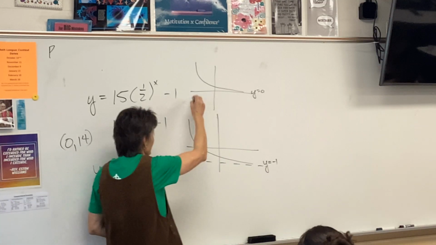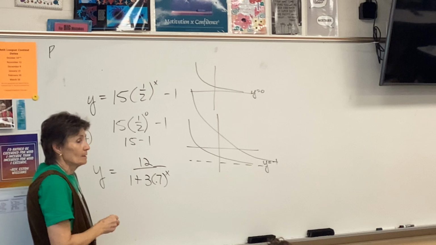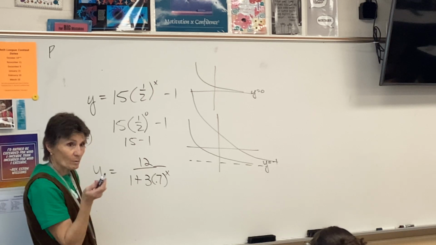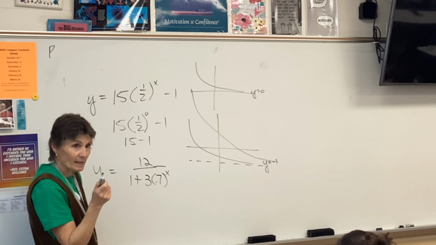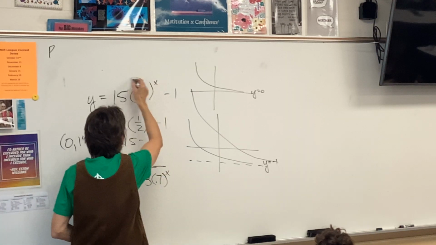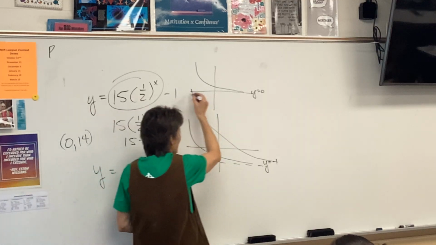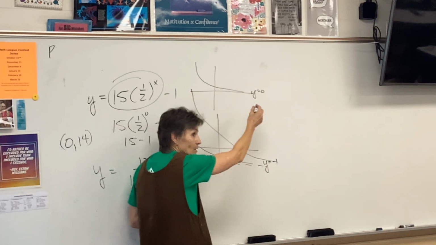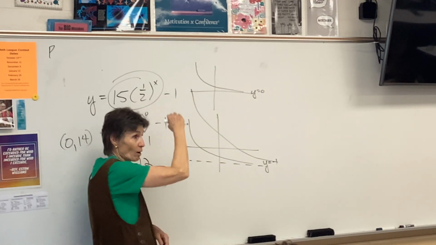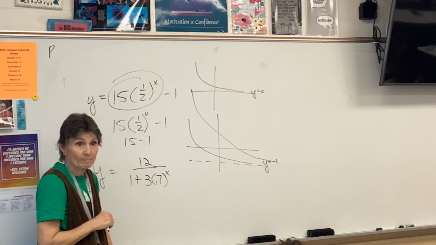So in reality, the picture is like this. Is everybody good with that? How do we get a y-intercept? We let x be 0. A normal exponential is going to have an asymptote at 0. This tells me that I dropped it down 1, so my asymptote's at -1.